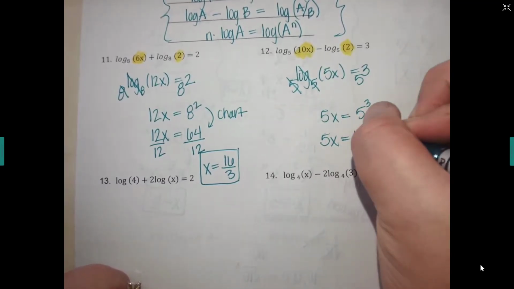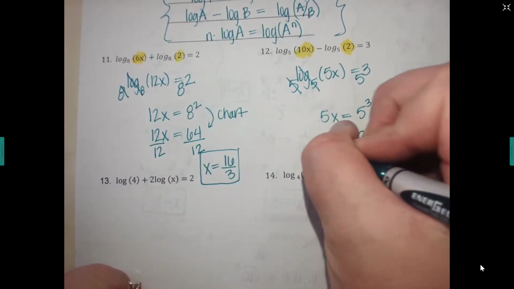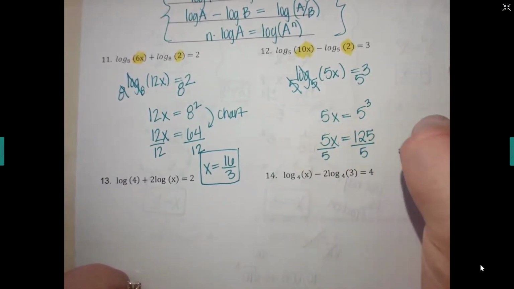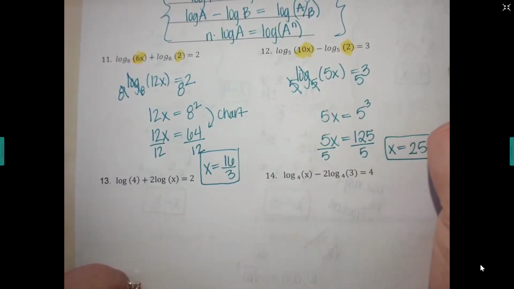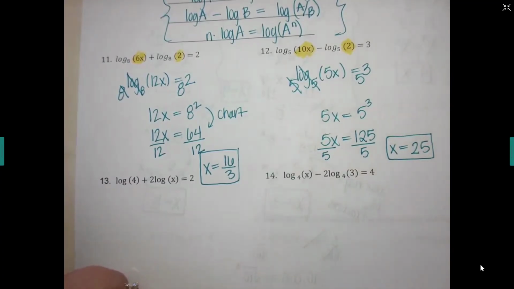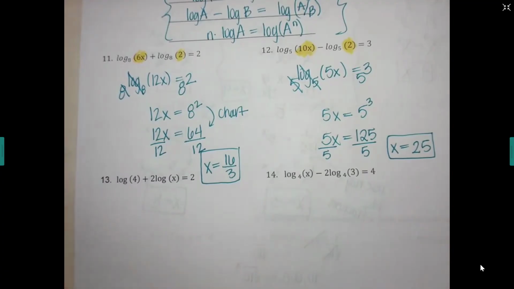And then if 5x is 125, I can just divide that 5 across, because you're applying a big 5 as the base on the 3. Does that make sense?